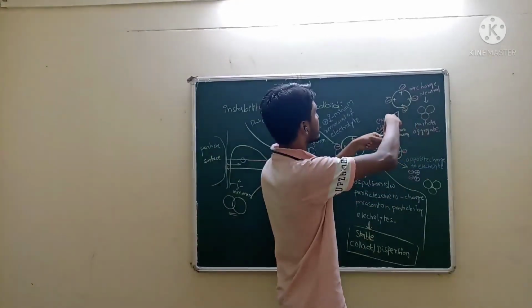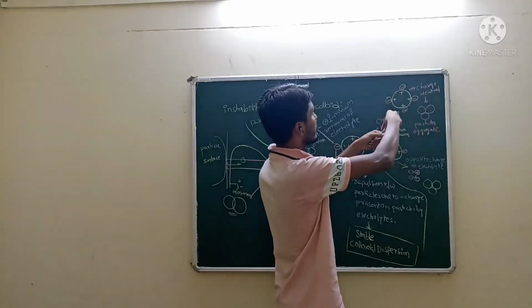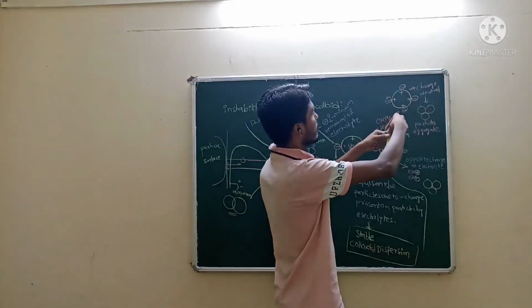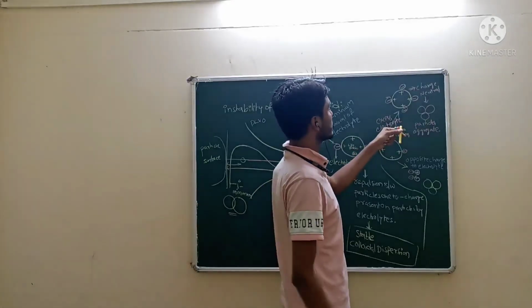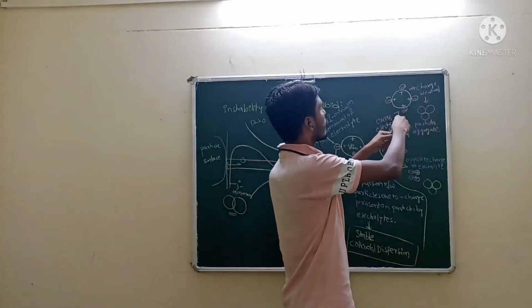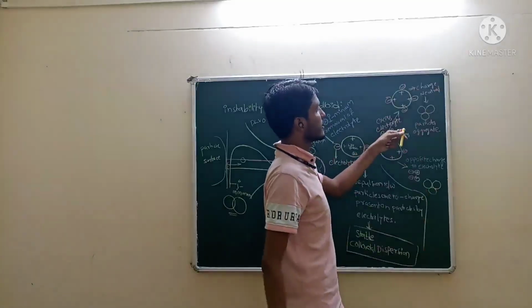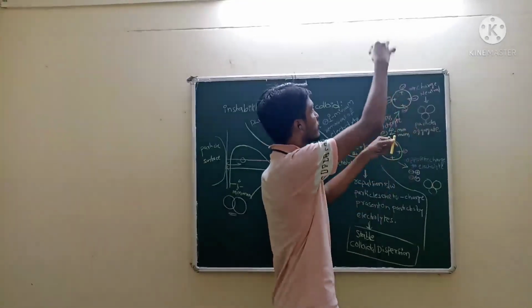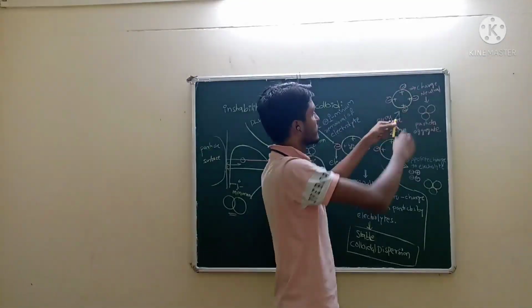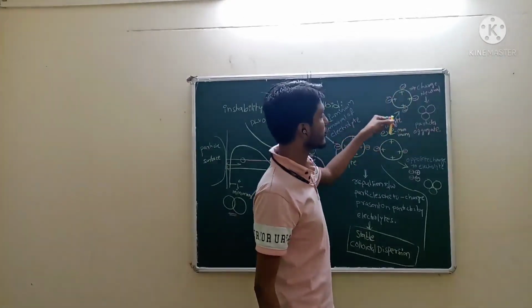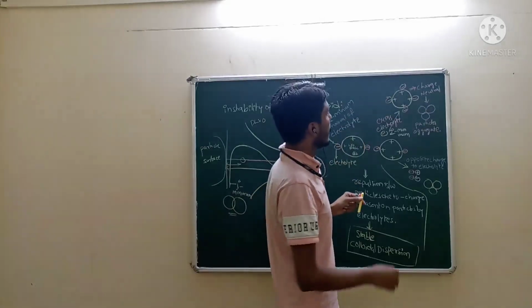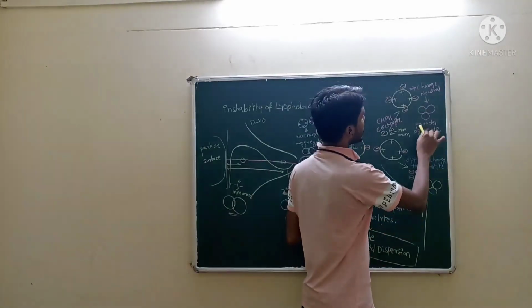If I add excess electrolyte, what will happen? The particle size is increased due to the adsorption of excess electrolyte, and the particles get aggregated.